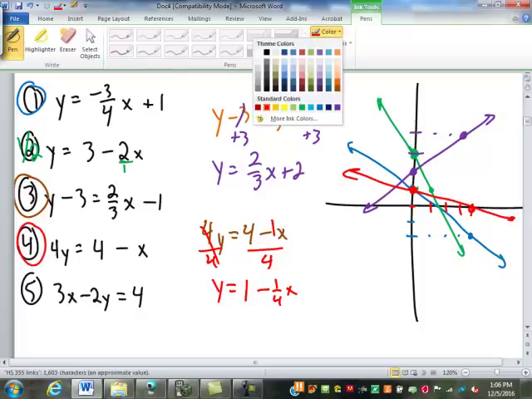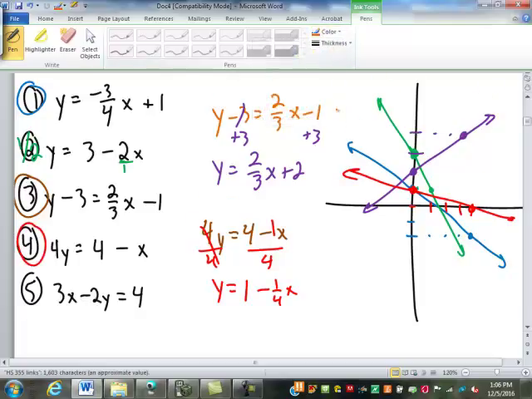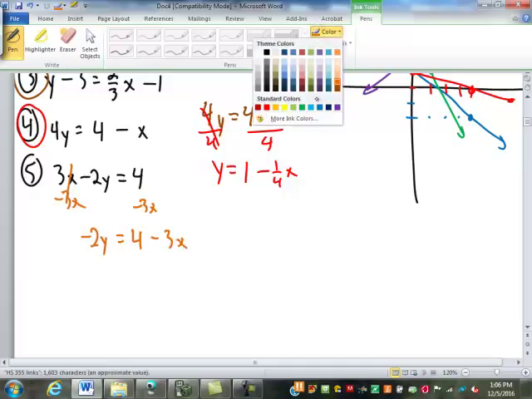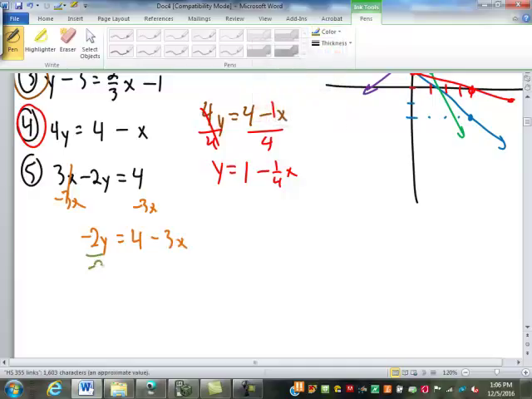Cool. And finally, to number 5. Got to subtract 3x first. So you've got left with negative 2y equals 4 minus 3x. And then you divide by negative 2. y equals 4 divided by negative 2, which is negative 2.